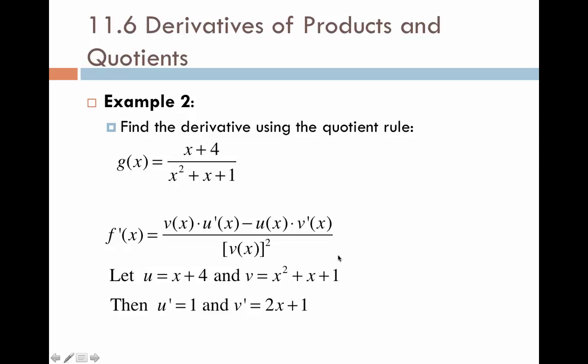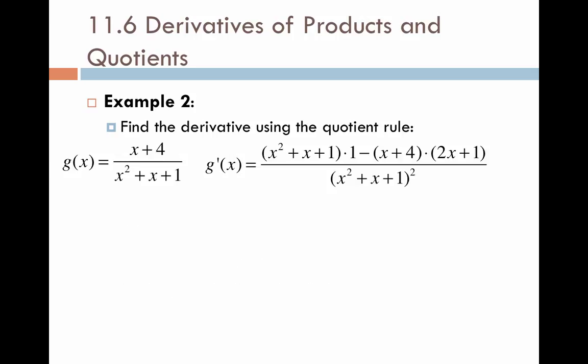And the derivative of v is v prime, and that equals 2x plus 1. Now I have u, v, u prime, and v prime. I'm going to just plug all of those into the formula. So here it is. This part here is v times u prime minus u times v prime, and this is all over v squared.